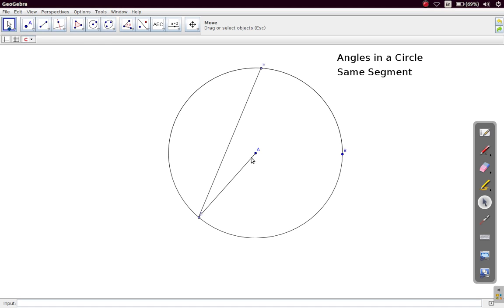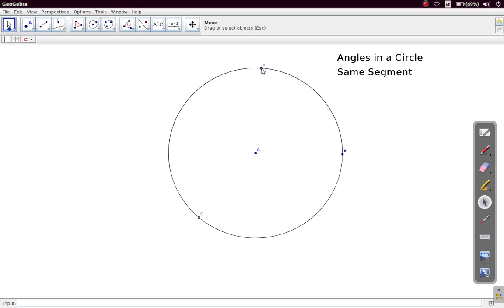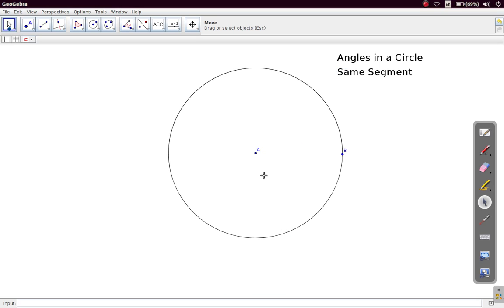I want my circle. Let me delete this radius and delete this chord. Delete this point and this point as well. Now, suppose we have a chord from here to here, right?